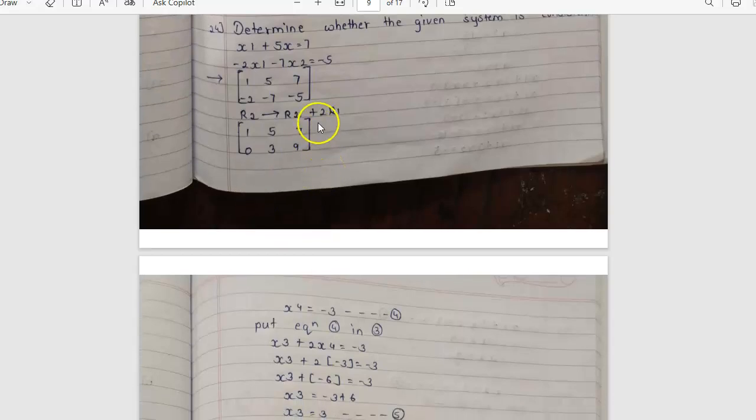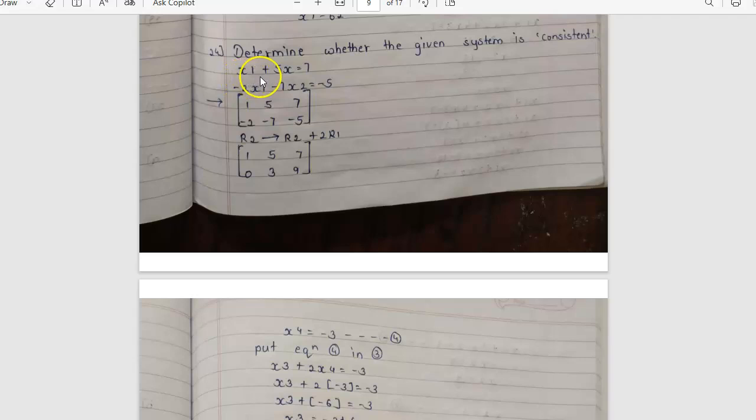First, we are given two equations: x1 plus 5 times x2 equal to 7, and minus 2 times x1 minus 7 times x2 equal to minus 5. We write the equations in matrix form: 1 5 7, and the second row minus 2 minus 7 minus 5. Applying the row transformation R2 goes to R2 plus 2 times R1, we get 1 5 7, 0 3 9.